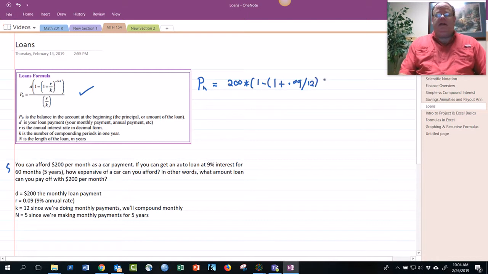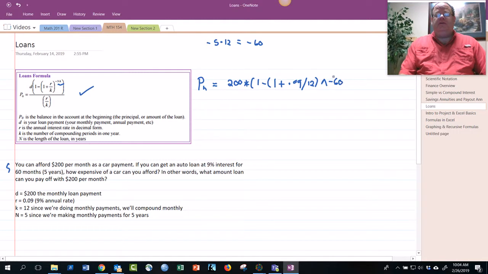We close that and use the caret or your exponent key. Now we need to put in the minus nk exponent. So minus, the n is 5 years, and k is 12 this time, which gets us a minus 60.